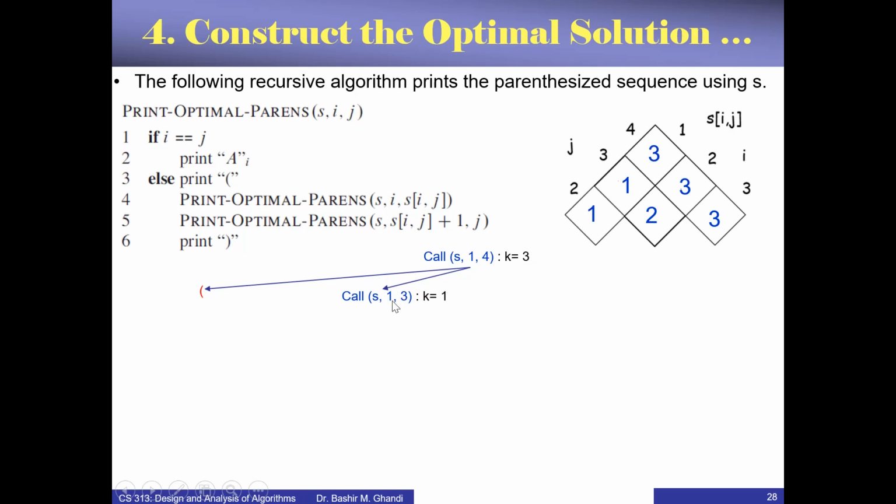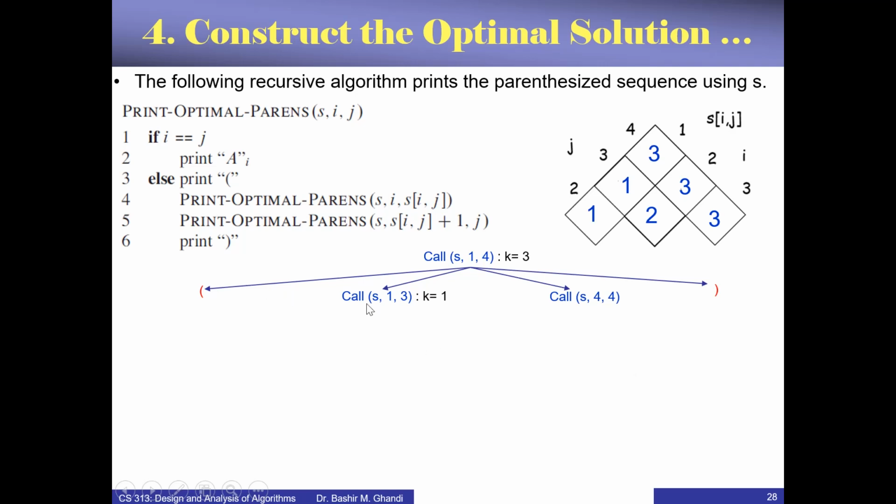So we're going to do a call from 1 to 3, and then a call from 4 to 4, because the last value of j is 4. So the third call is from 4 to 4, basically k plus 1 to j, and j is 4. And the last statement in that particular call is to print a closing parenthesis.